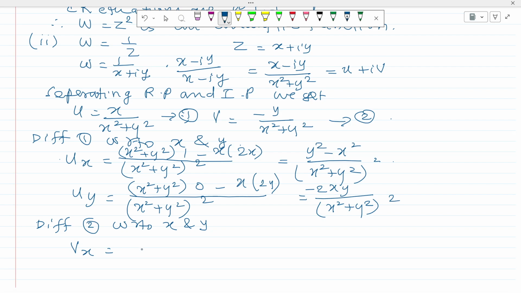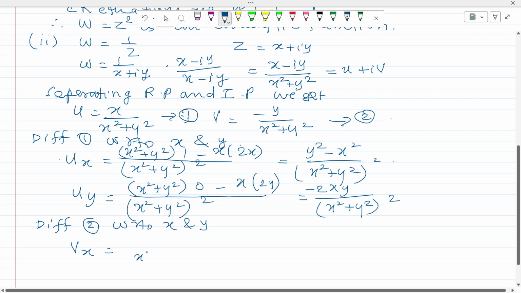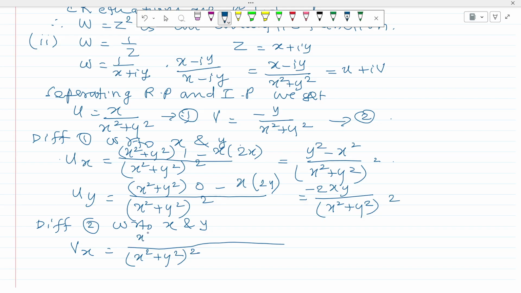Same u by v model: the denominator is x square plus y square whole square, the numerator is x square plus y square, and then differentiation of y is 0 minus, already minus is there, so minus minus plus y. If you differentiate with respect to x, 2x, so that is equal to 2xy divided by x square plus y square whole square. Fine.